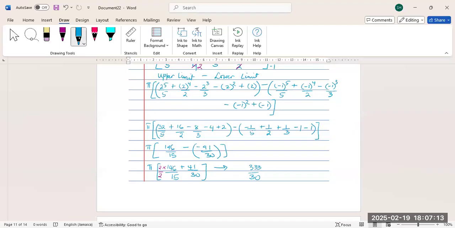It's going to be 111 over 10. That's going to be 11 and 1/10.